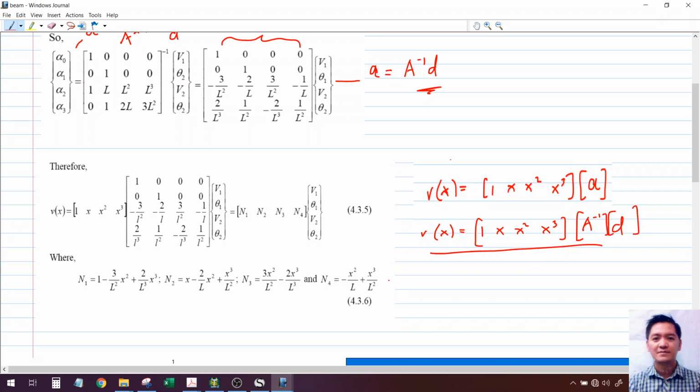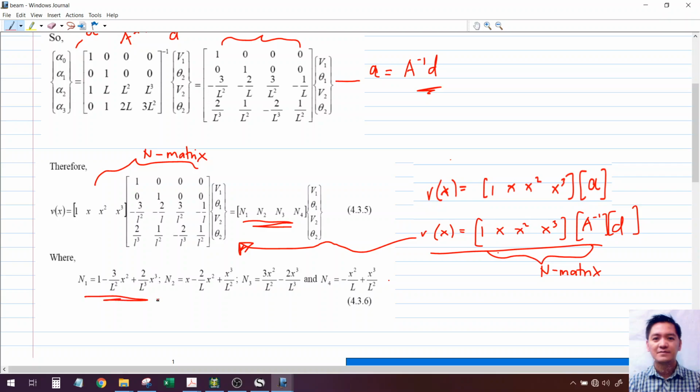Yan. So that's why this is this. Lumalabas, this one is your n matrix, which is ito. So this is the n matrix. And when you operate this, you will come up with this.